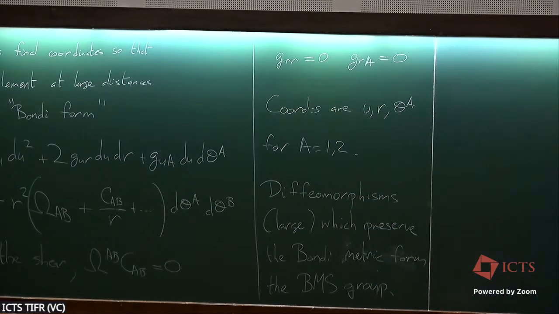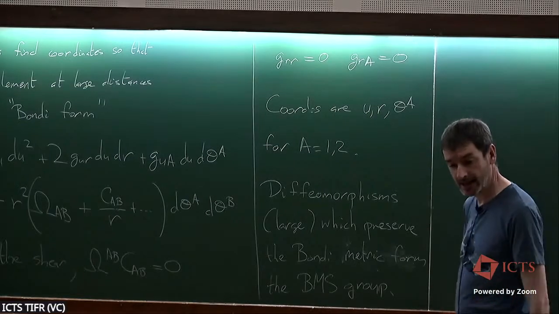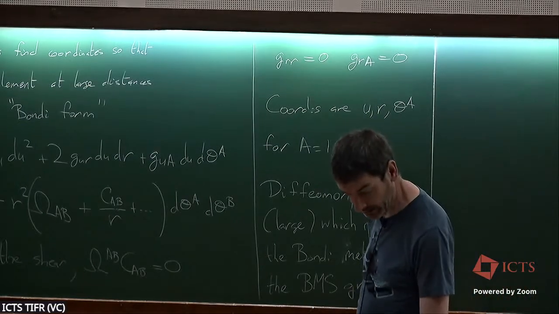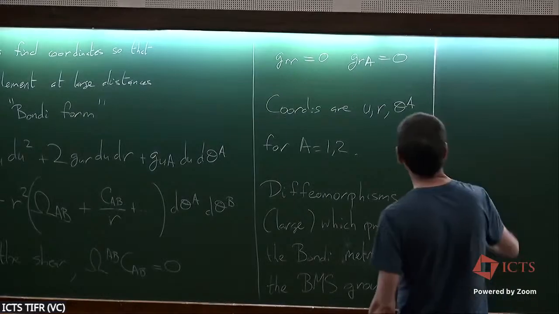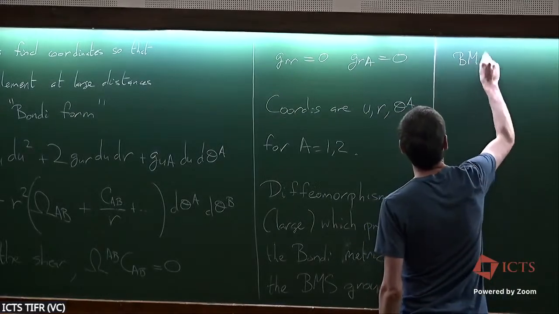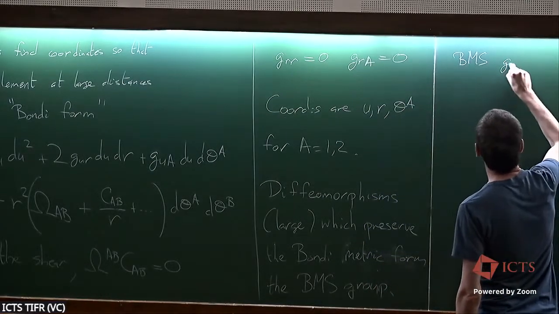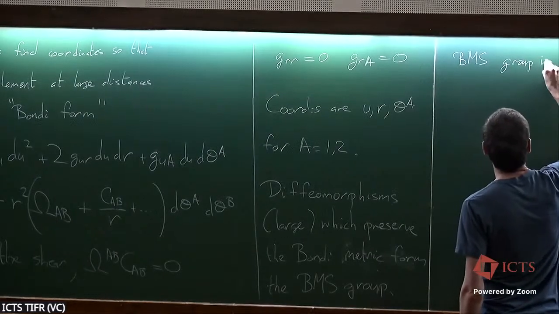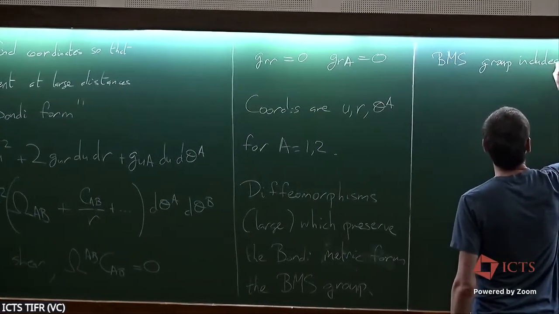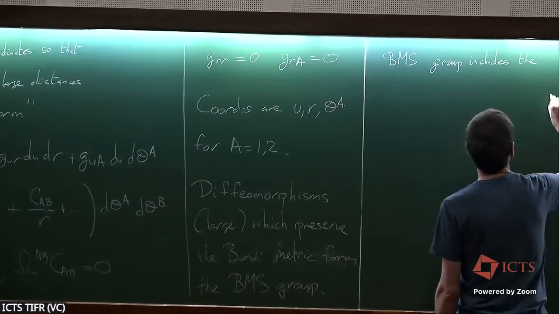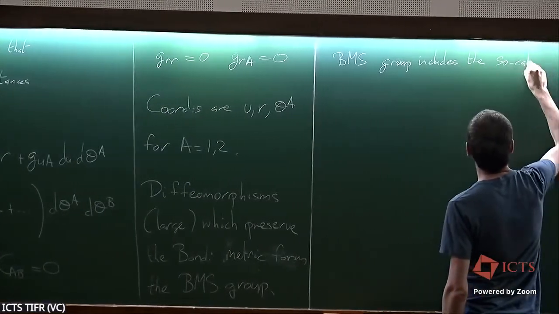Now, one naive way to think about this group is that it includes basically just plain old space-time translations and rotations. So the Poincaré group. But it's augmented by a specific and interesting infinite dimensional set of transformations, which are known as super translations. I think super translations is a terrible name.